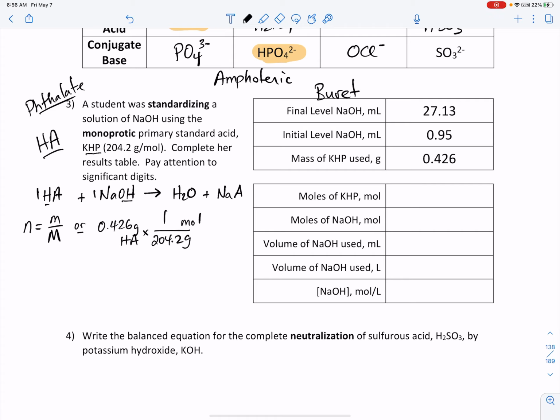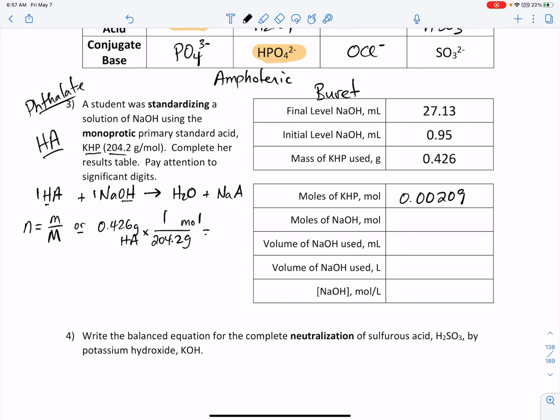That was given up in the question. So 0.426 divided by 204.2. We're going to keep 3 significant digits in our answer. The moles of KHP, I'll just put my answer in the table: 0.00209 moles of acid.